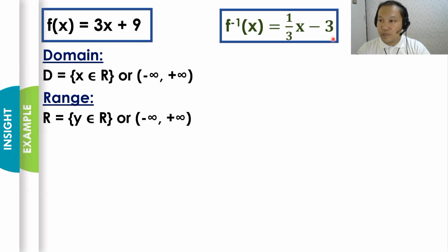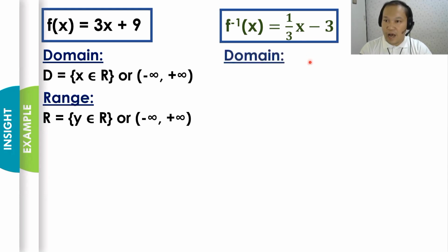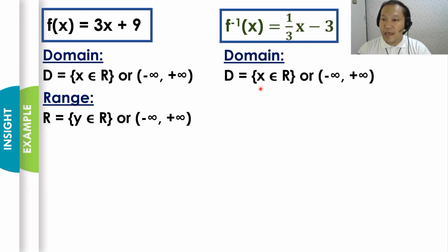Since the given inverse is also a linear function, the value that we can assign to x will be any real number. Therefore, our domain will be x is any real number, or in notation form, negative infinity to positive infinity.